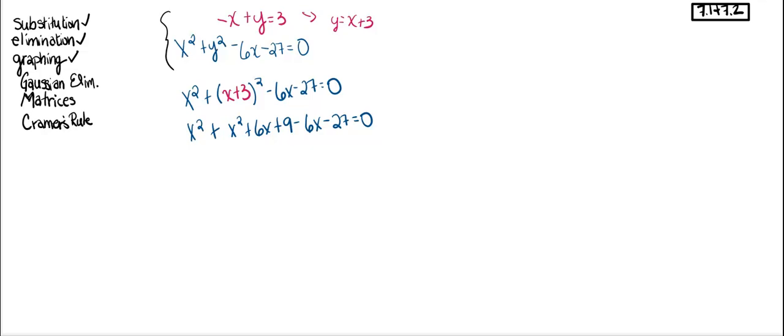So when I collect like terms, I get 2x squared. The 6x's cancel each other out. Then I'm left with minus 18 equals 0.